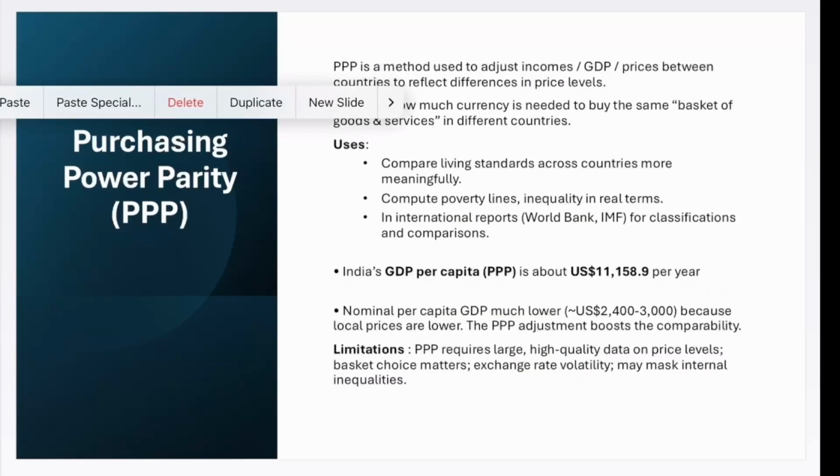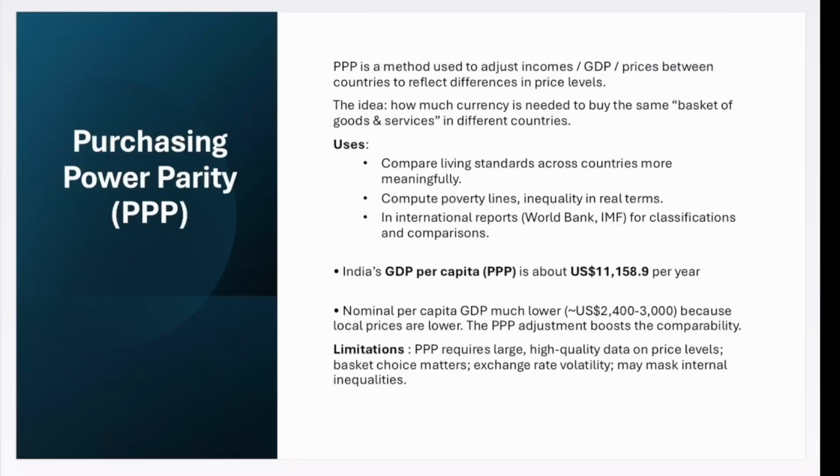Now, there's another aspect related to this, and this is called purchasing power parity. Very important concept again. Purchasing power parity is a concept which explains how you should compare across times as well as across countries.